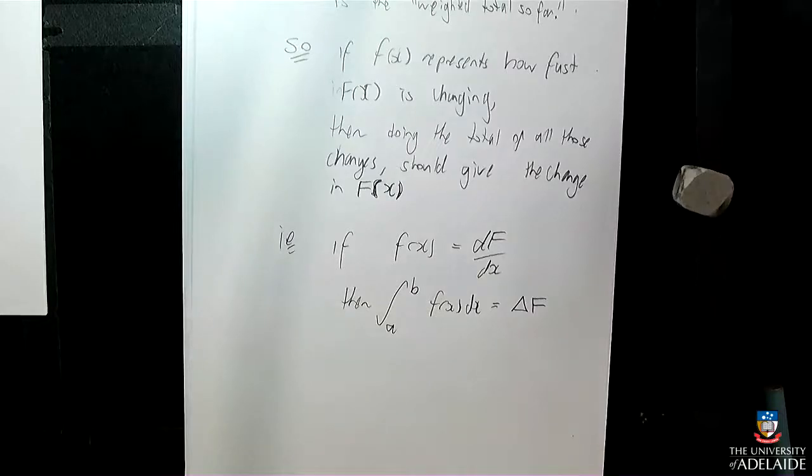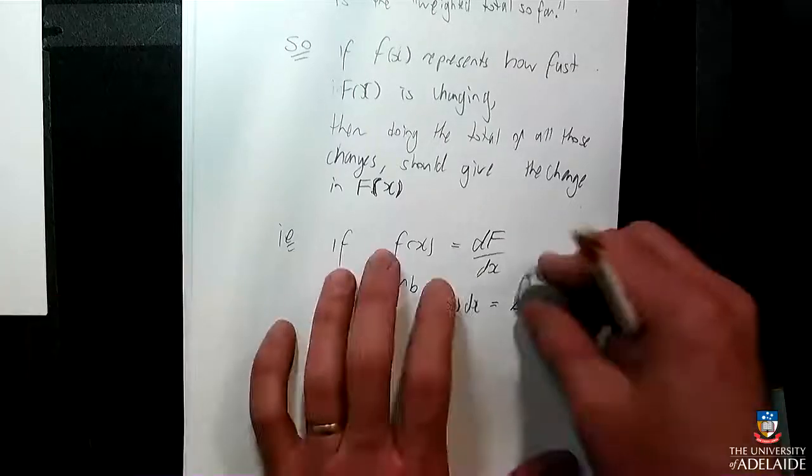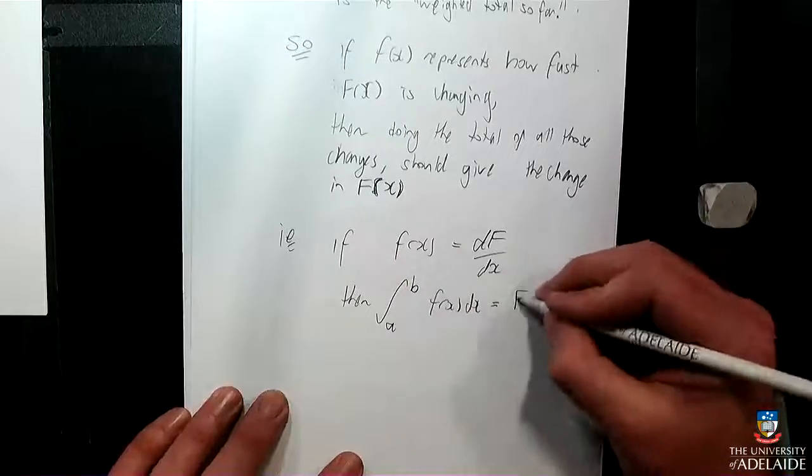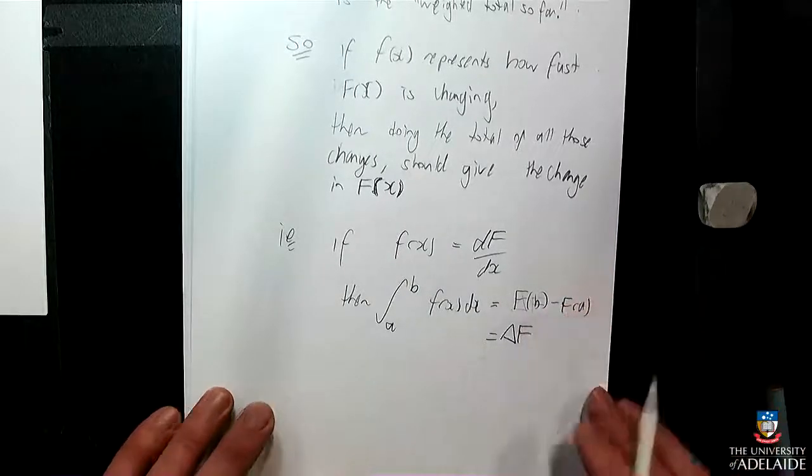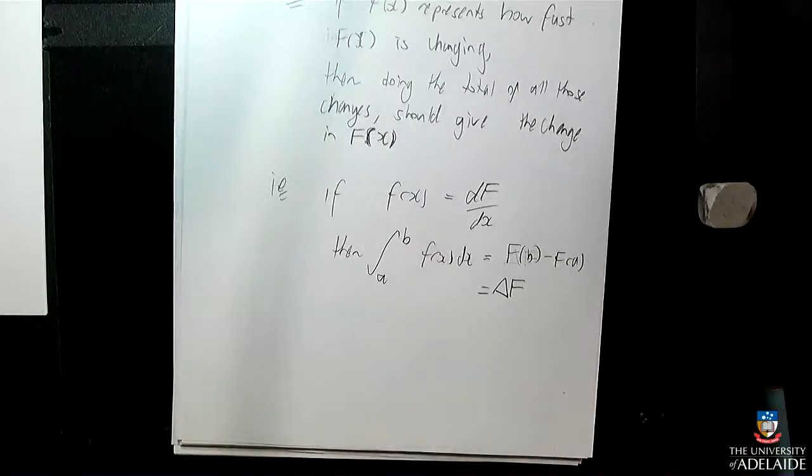It should be F of b minus F of a, right? Which is the change in F. And that's a roundabout way to say it, but basically that's the idea.